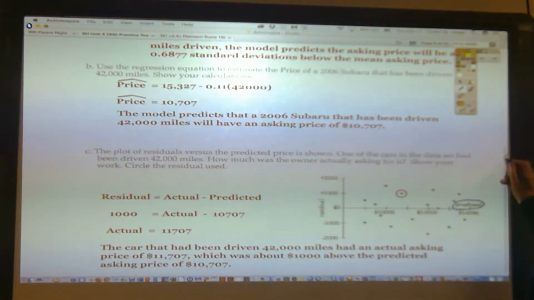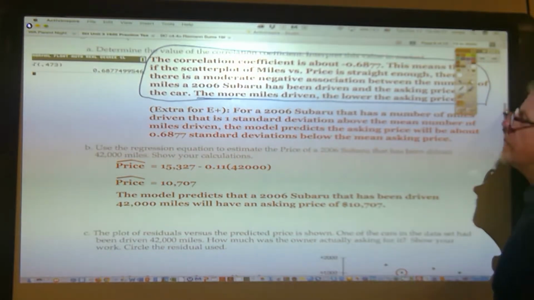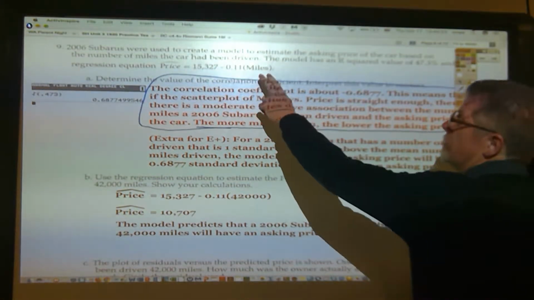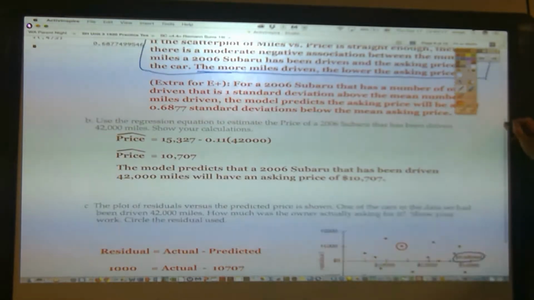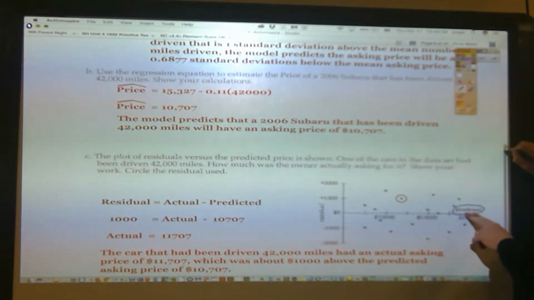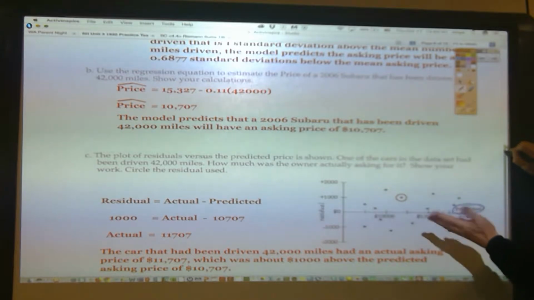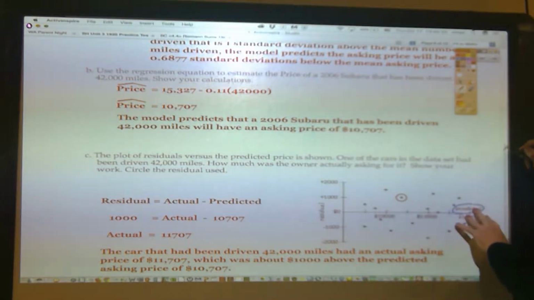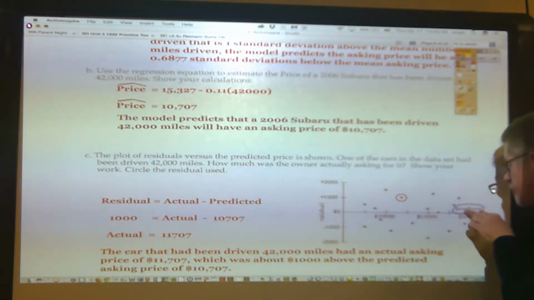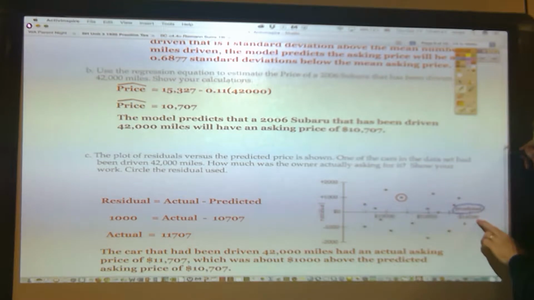They can put either the miles on the horizontal axis or predicted price. And so you have to read the label on the horizontal axis to find out which one they're using, because it doesn't matter. They can form a residual plot with either the x variable or the y variable on the horizontal axis. They chose to use the y variable, the predicted value.